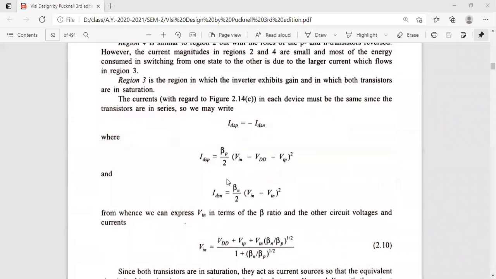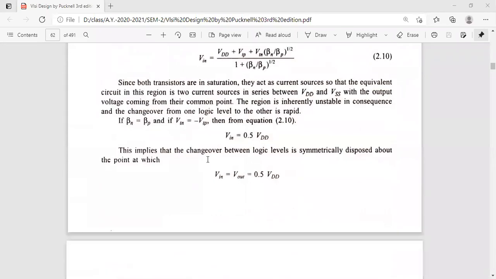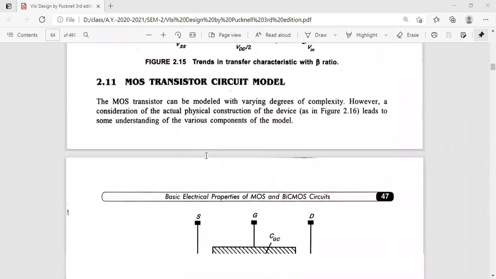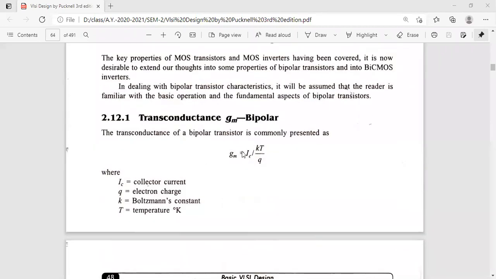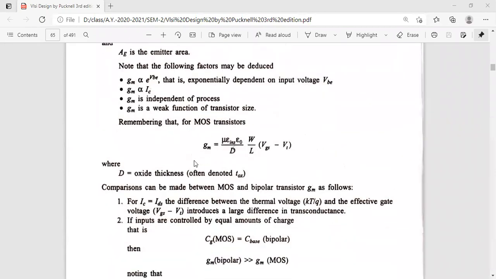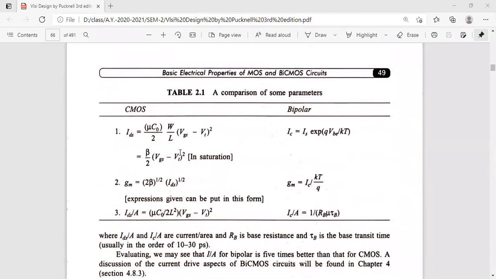This thing we have discussed in the previous classes with the help of a single transistor also. The same thing can be applicable for the NMOS and the PMOS transistors individually. After that, for the bipolar transistor, what's the value of the transconductance GM? This is given there, and based on those values, we have some changes in the equations with respect to the parameters.